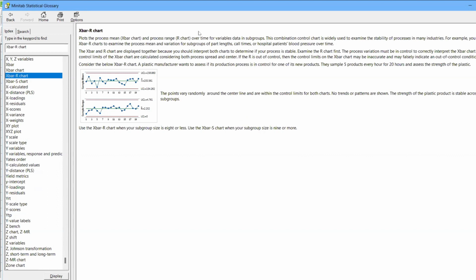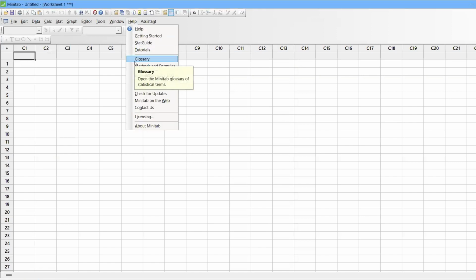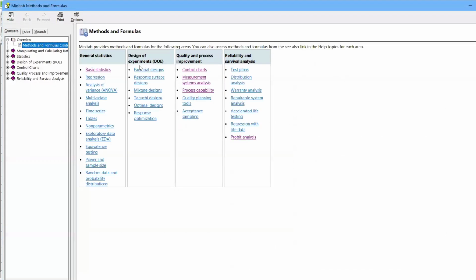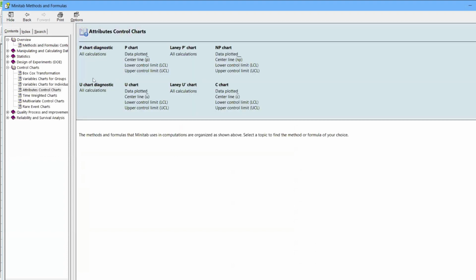So this is why you don't need to Google it. When you have Minitab, you can directly go to Help and then find the glossary. Similarly, you can replicate the same thing to find the method and formula. For example, in method and formula, let's say you wanted to know more about control charts. In control charts, let's say you want to know about attribute charts, for example C chart, U chart, NP chart, and P chart, right?